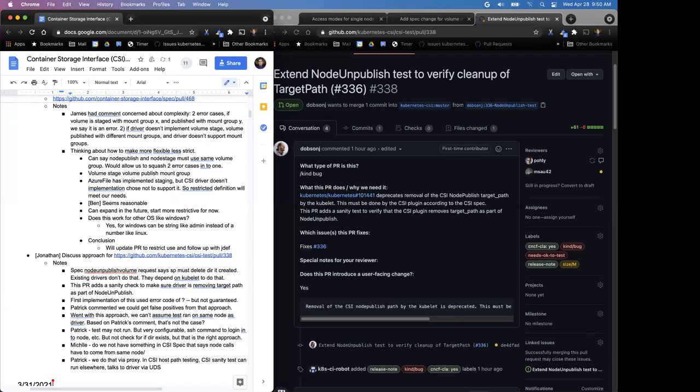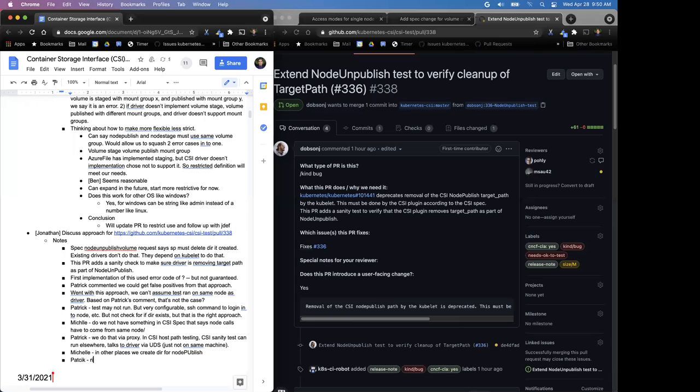I thought in other places in CSI test, we do things like create directories. Yes, that's for the node publish test, yes, we create the directory. And that is done through a mechanism that also can be configured to work if the machine under test is not the local machine.